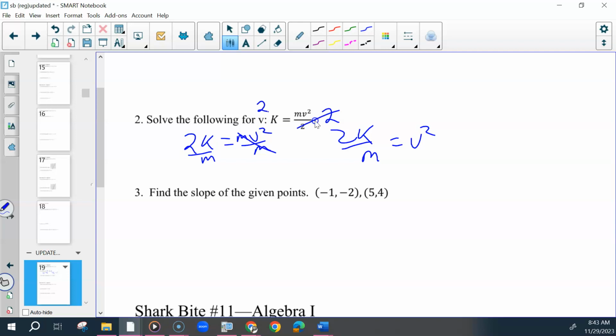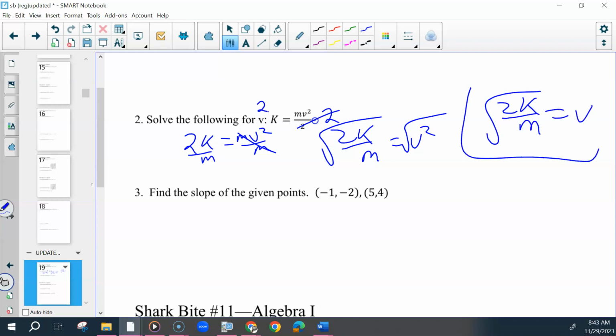Then to get b by itself, we would need to take the square root of both sides. So the square root of 2k all over m would equal b. That would be our answer.